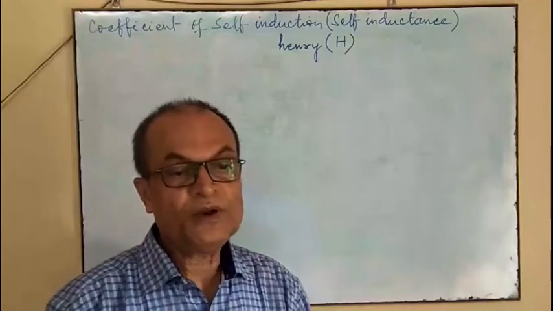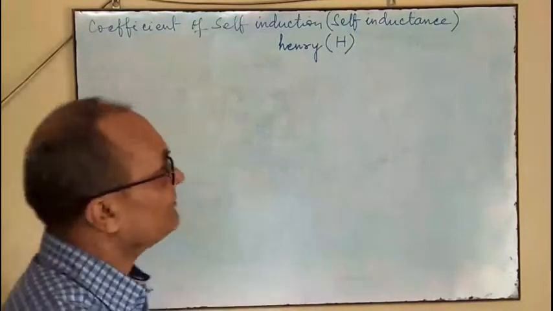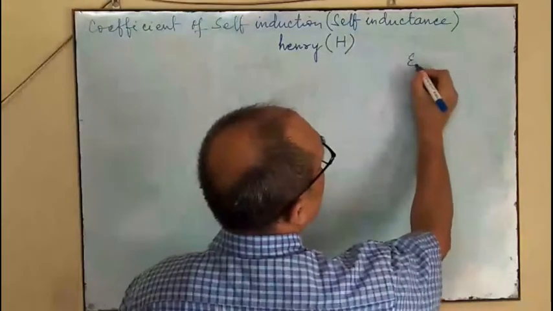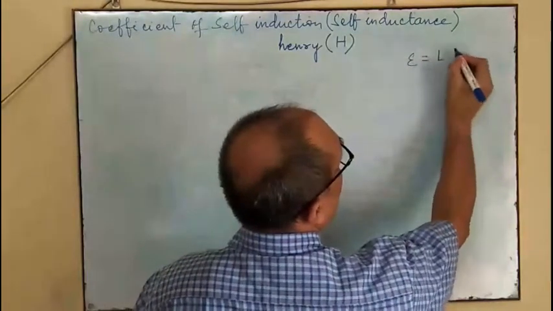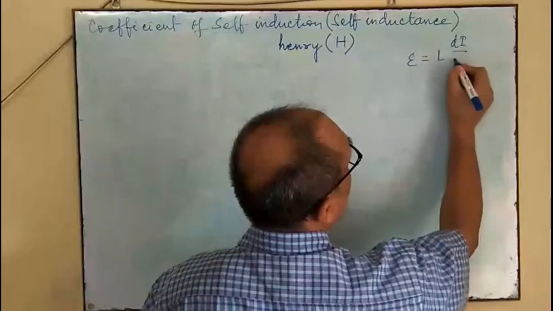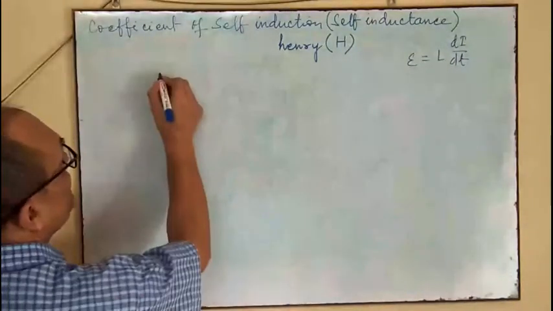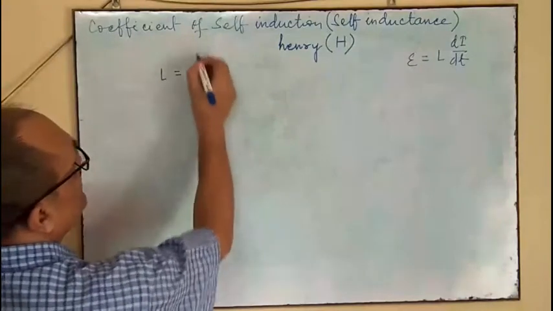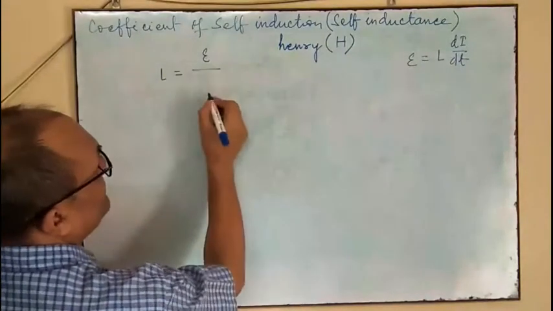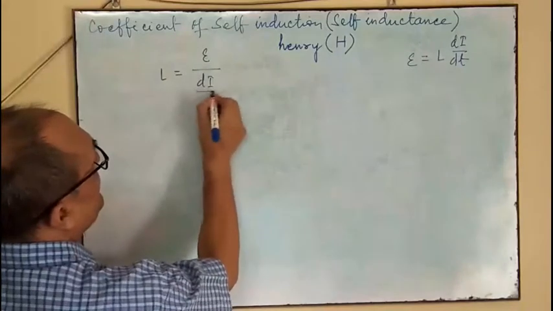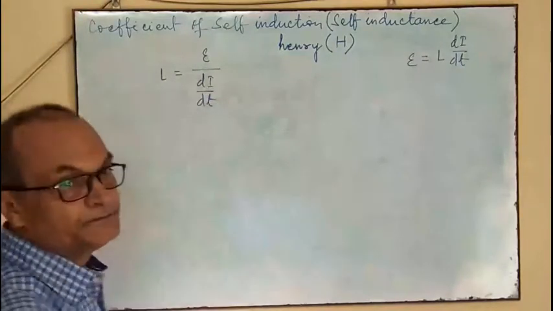So we know the formula epsilon equals L dI by dt. From this we can say L equals EMF by dI by dt.